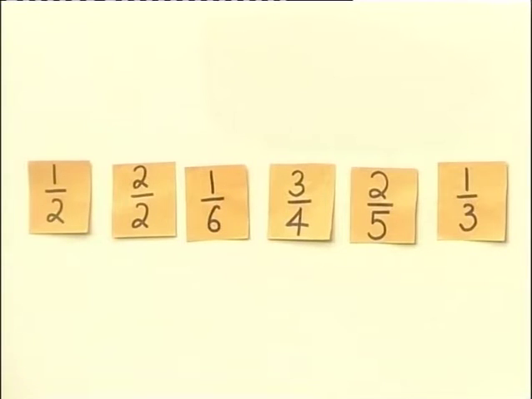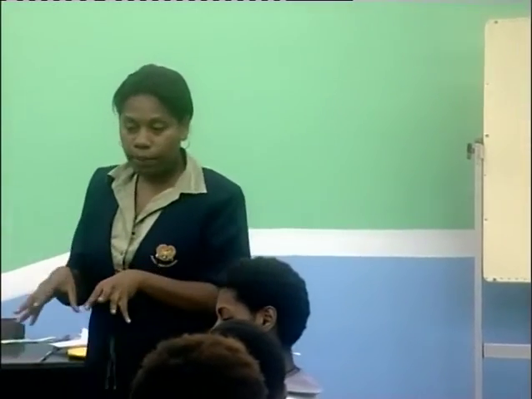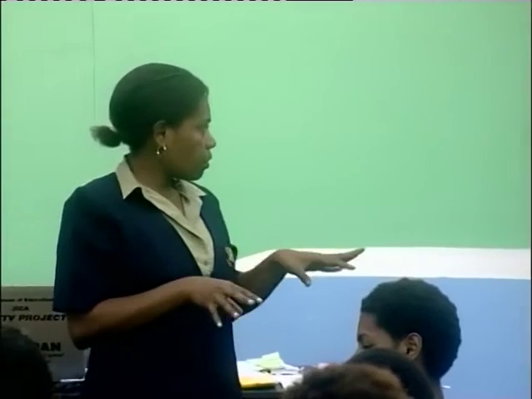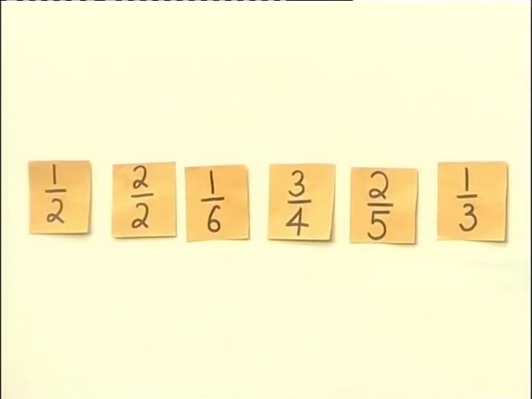Now what you can do is look at your fraction wall. The fraction wall will help you to compare which fraction is bigger and which fraction is smaller. Maybe in your groups, firstly you can discuss by looking at the fraction wall, and then figure out which fraction comes first, in order from the smallest to the biggest.